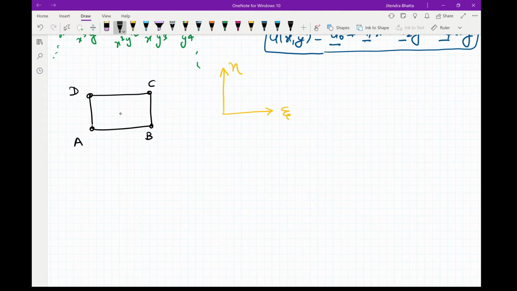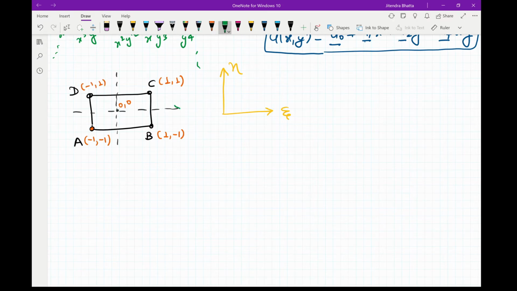Now you can assume this to be the origin. So if this is 0, 0, then you see that this point here we can take as -1, -1. This will be 1, -1. This will be 1, 1, and this will be -1, 1.